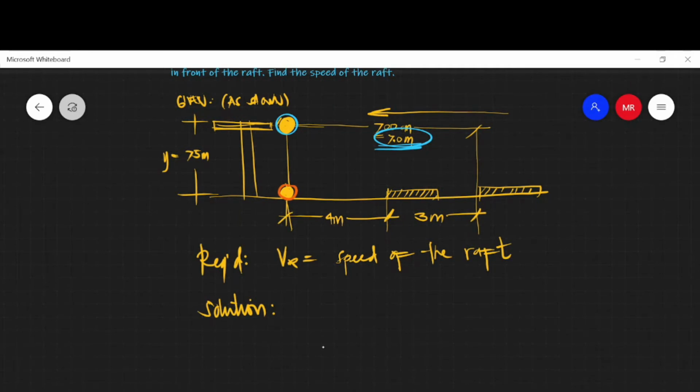So if this is now our figure, let's analyze what is the common variable which is equal for both the stone and the raft.